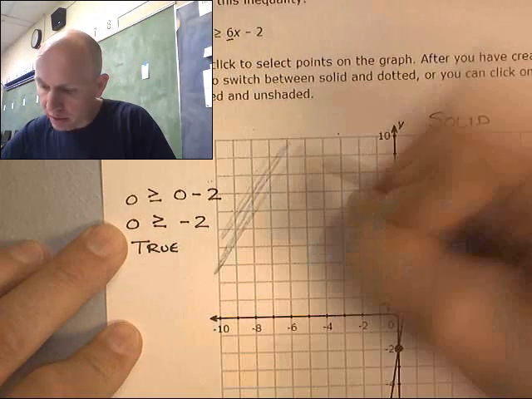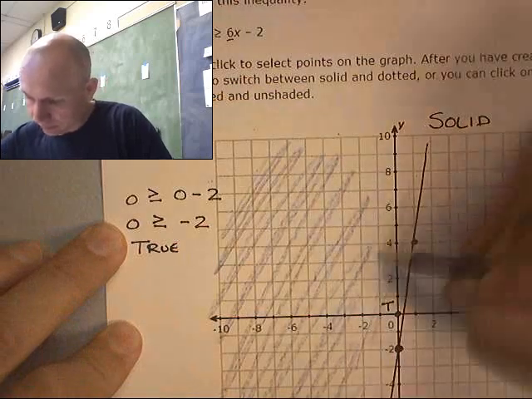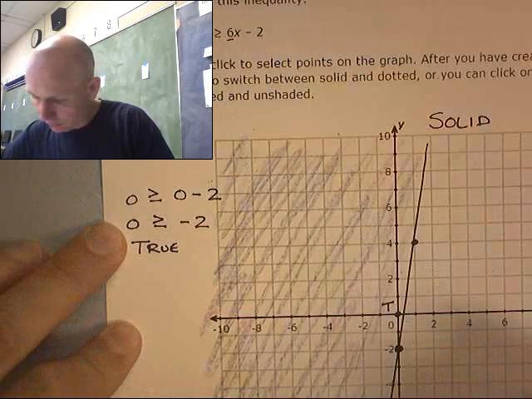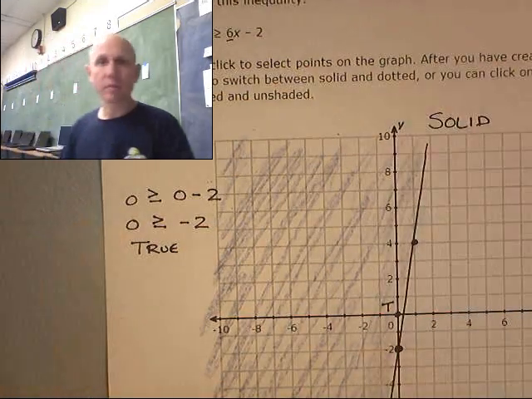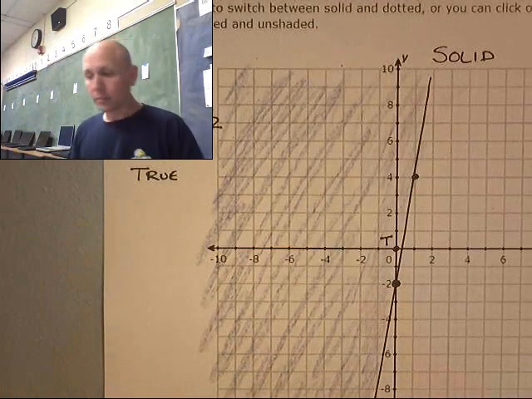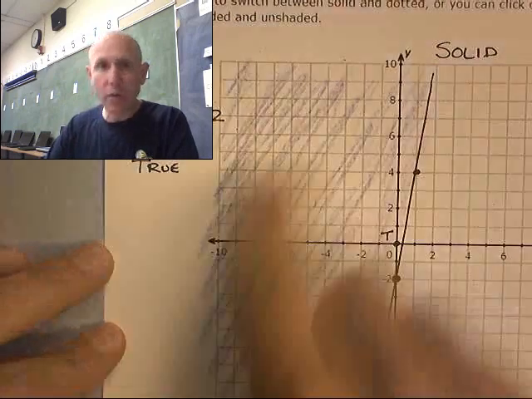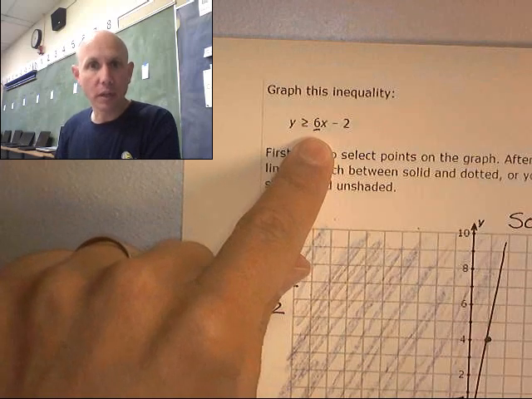So now I'm going to shade this in. There we go. What does this mean? It means that any point over here in this shaded region will make this inequality true.